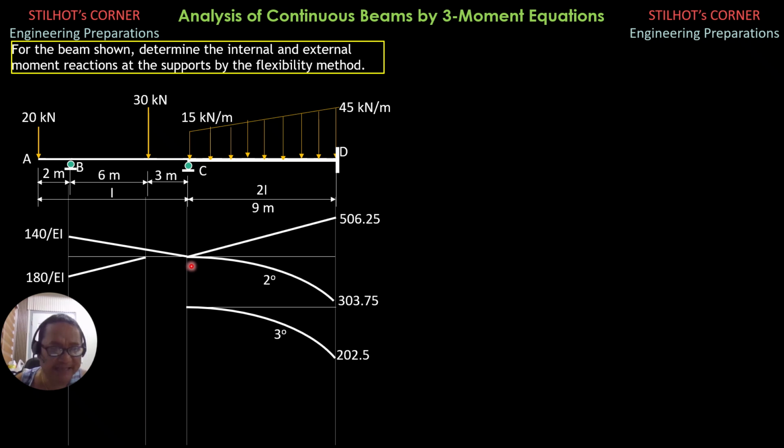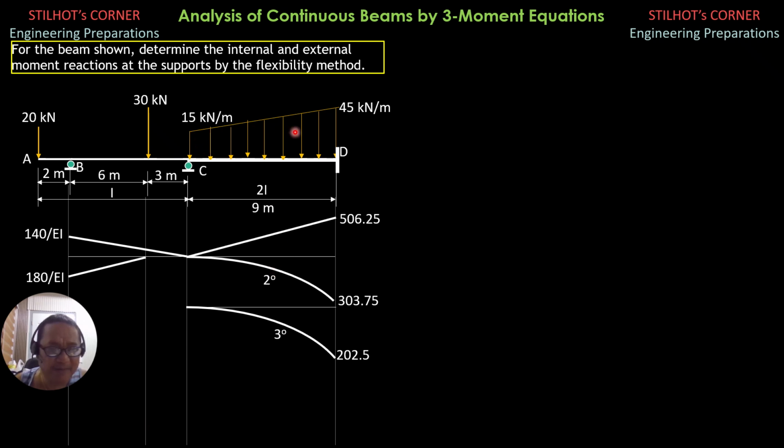Likewise, beginning at C towards D, then due to the uniform 15 kilonewton meter load, 15 times 9 times 4.5 divided by 2, because the moment of inertia is 2I, is equal to 303.75 over EI, and it is a second degree curve.